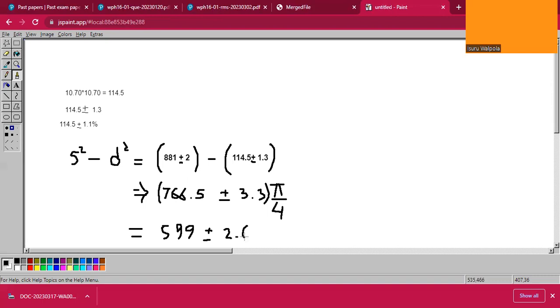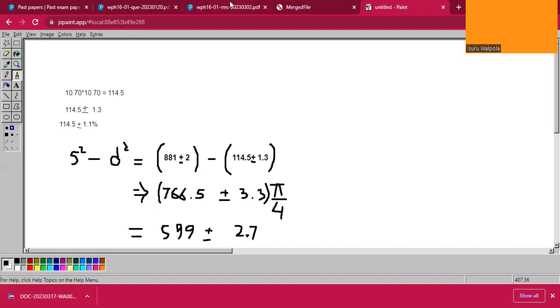I'm going to put this as 3%. Because, I'm sorry, what I meant. Wait. Since the percentage uncertainty has not been calculated yet, it's better to leave it like this for now, 2.7, because finally they are asking for the percentage uncertainty. So I don't want to lose data before I make that final step.